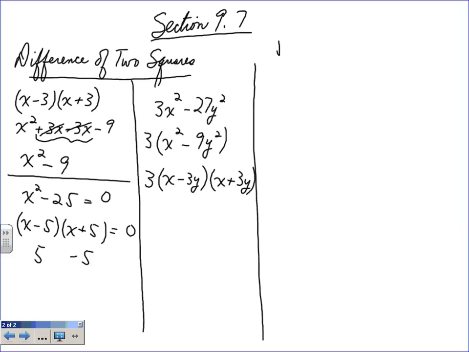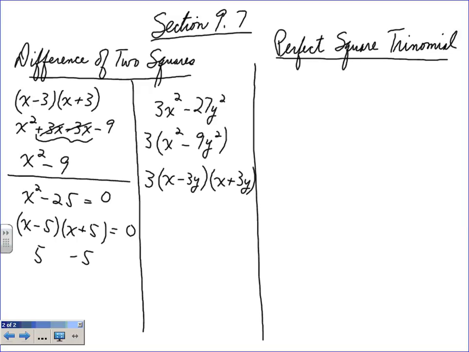Then we had something that was a perfect square trinomial. And that might look like x squared plus 10x plus 25.